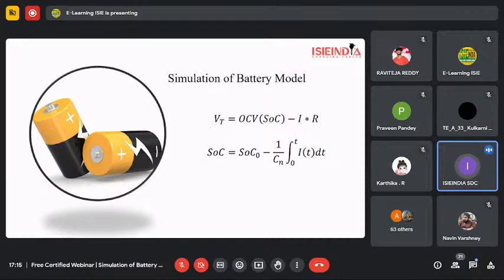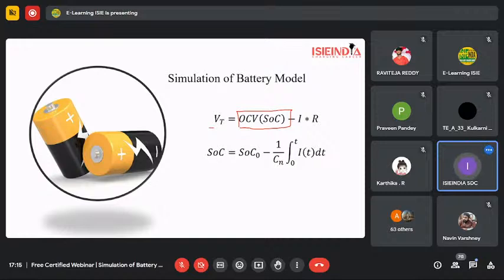This is the VT, which is the terminal voltage, and this is the OCV, the open circuit voltage, and the data I will take from the data sheet of the battery. At different SOC, the OCV is calculated in that Excel sheet, and the resistance during charging or discharging will also be seen.